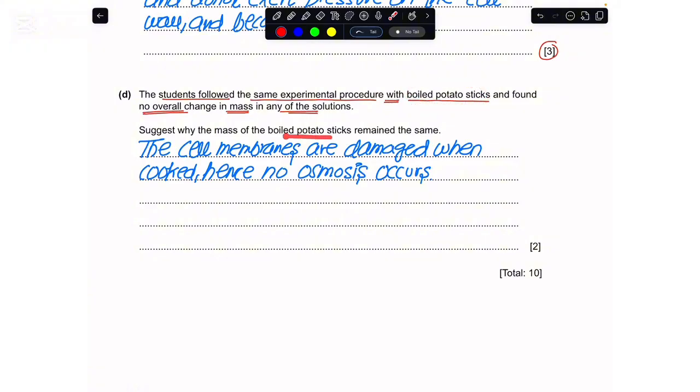So the answer becomes simple: when you boil them, their cell membranes are damaged, and when their cell membranes are damaged, ultimately no osmosis occurs. Maybe the amount of water leaving the boiled potato sticks is equivalent to the water entering them, because we know in osmosis the cell membrane is always involved, and by boiling, when we denature or damage the cell membrane, osmosis would not occur, and as a result we would not see any increase or decrease in the mass of the potato sticks.